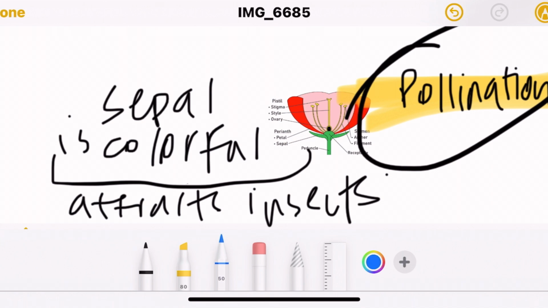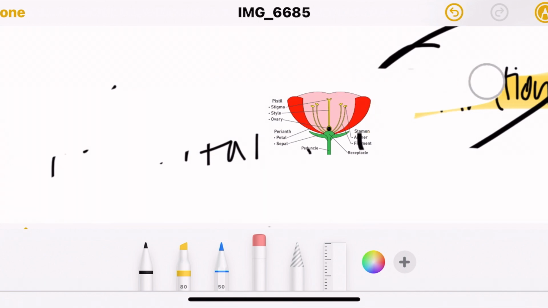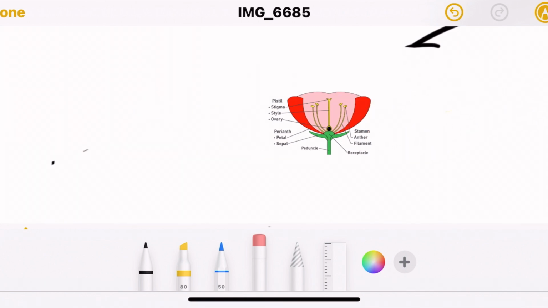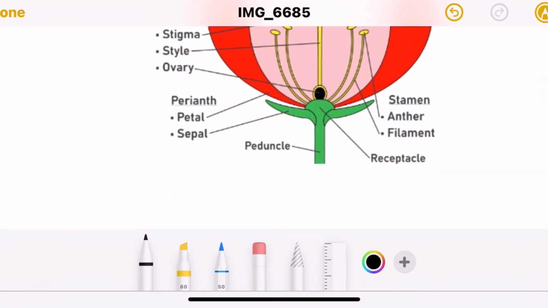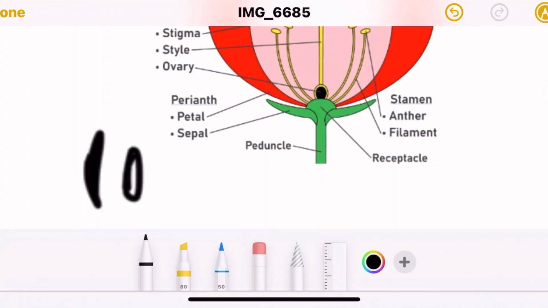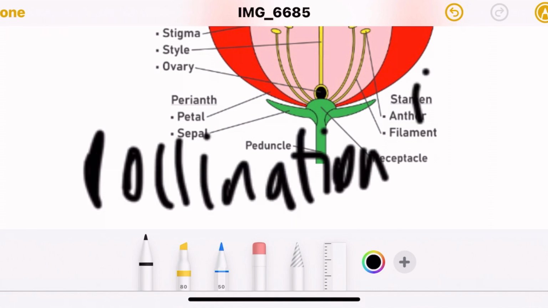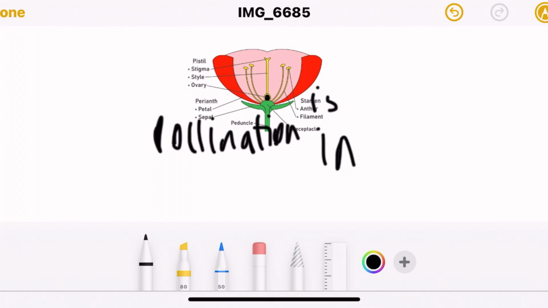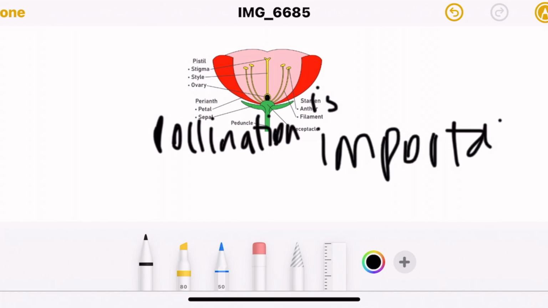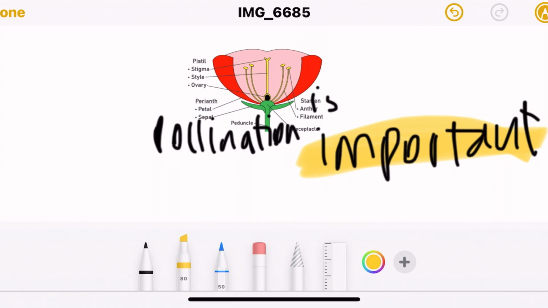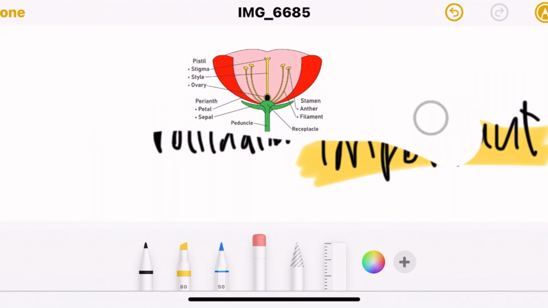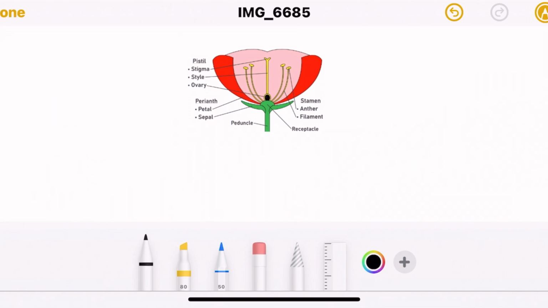We'll study sometime later the benefits of cross pollination. But right now we have to remember that pollination is important to every flower, and hence sometimes the sepals are colorful.